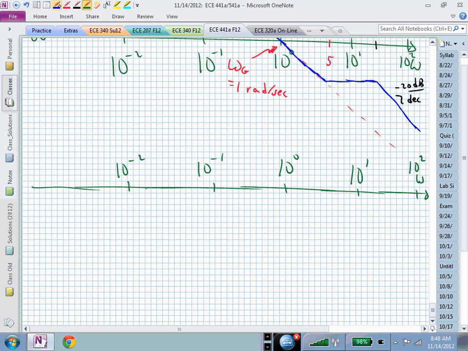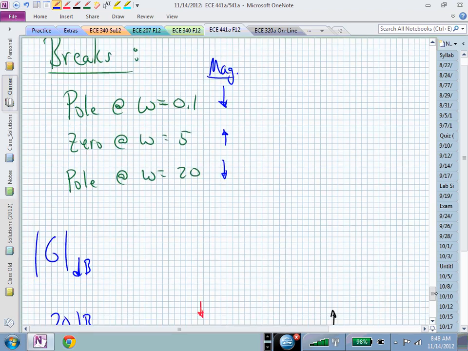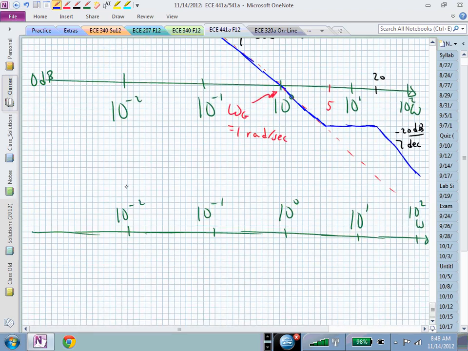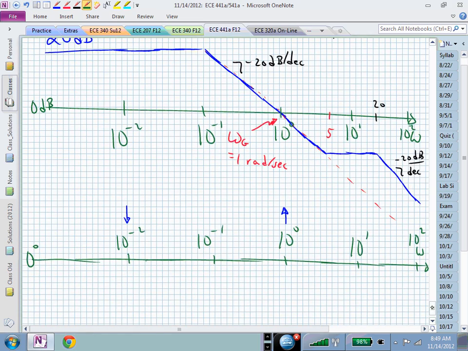We have 3 poles and zeros. We have a pole at 0.1, so it's going to start going down at 0.01, a decade before that, and then it will stop sloping a decade beyond that. So that's what these arrows are trying to indicate. Let's say that this is now 0 degrees. Our next factor of concern is this 0 at 5. So now we said that 5 was located 70% of the distance.